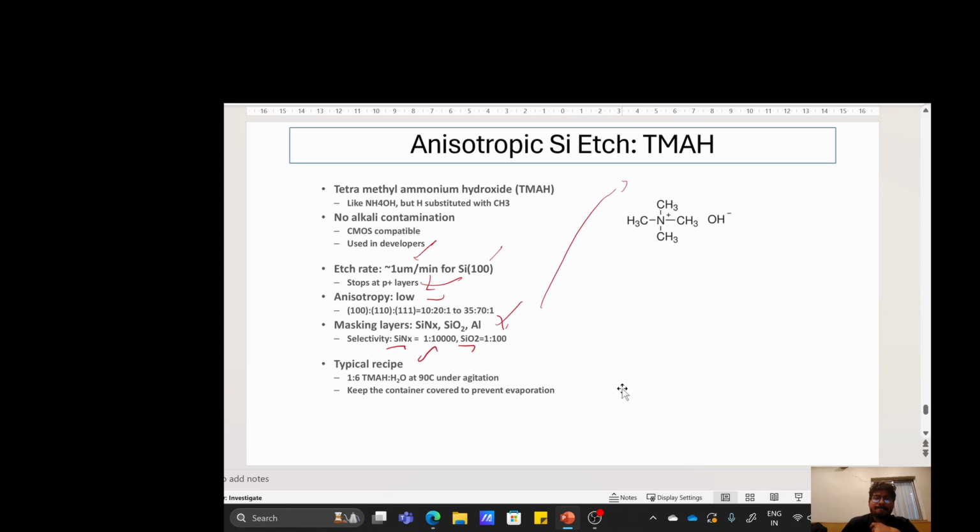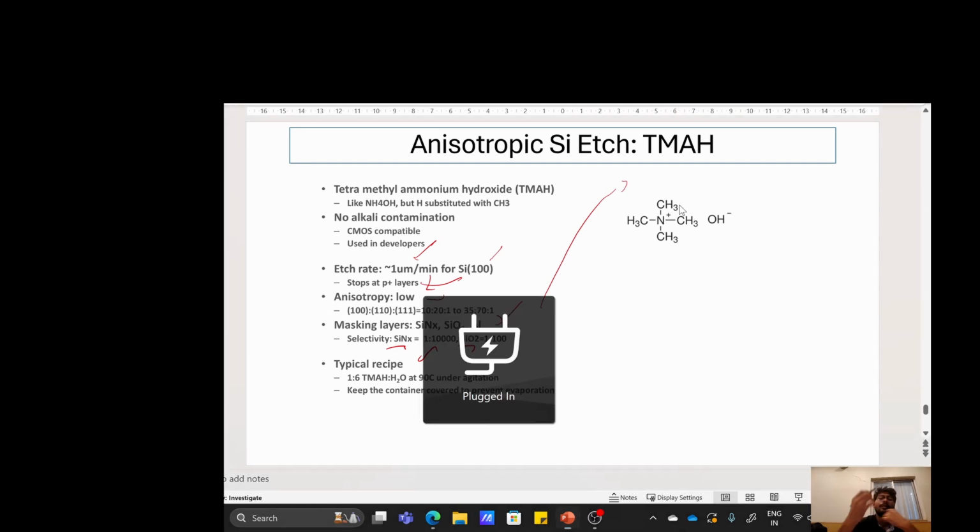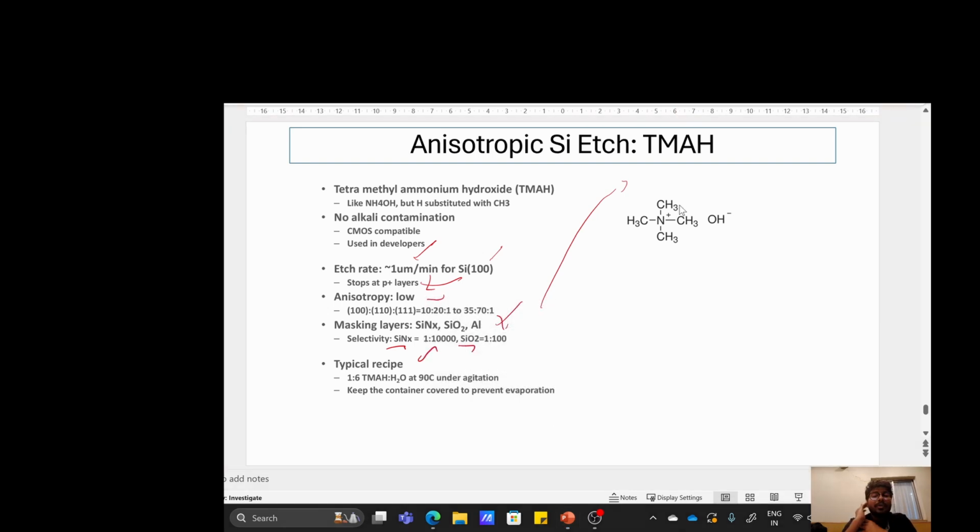For CMOS processing, you can use tetramethyl ammonium hydroxide, TMAH, not trimethyl, tetramethyl ammonium hydroxide. So there won't be any metal contamination.